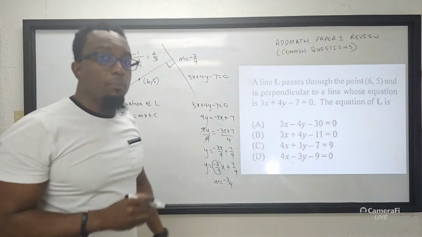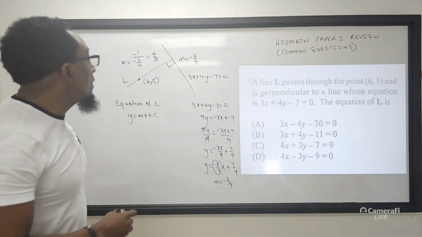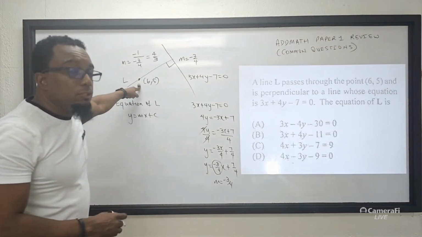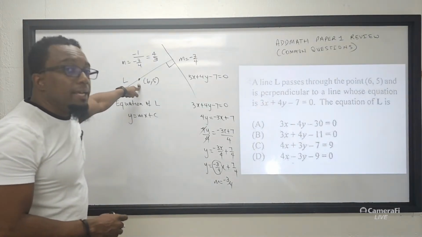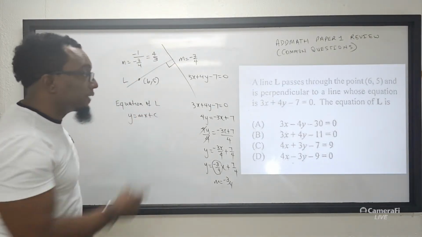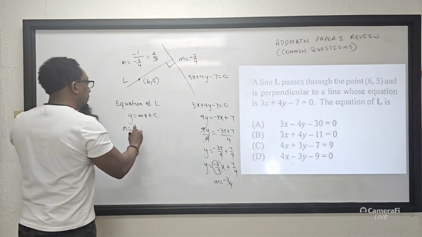When you divide negative 1 by negative 3/4, you get 4 over 3. Knowing the gradient of this line, and that it passes through the point 6,5, I can now find the equation of this line, which is what I wanted to find, right? So let's find the equation. The gradient of this line is 4 over 3.